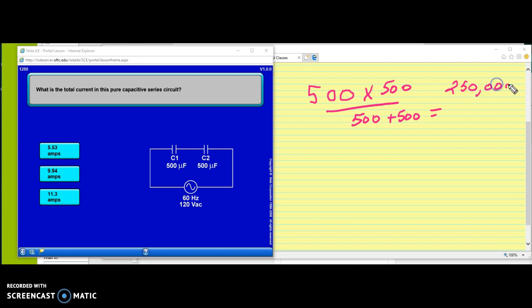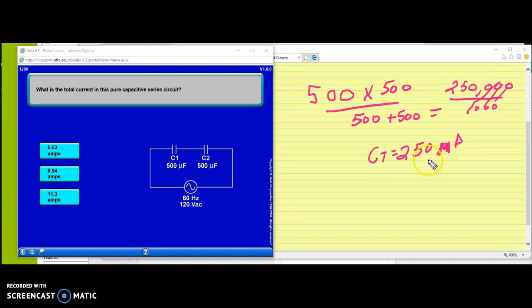It's going to equal 250,000 over 1,000. And we can mark off the last 3. So that's going to be 250 microfarads is our total capacitance. So our CT is equal to 250 microfarad. I apologize for the wonky little markings there.